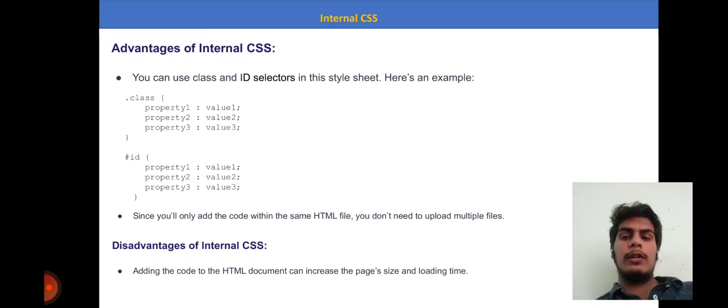Since you only add the code within the same HTML file, you don't need to upload multiple files. Disadvantages of internal CSS. Adding the code to the HTML document can increase the page size and loading time.